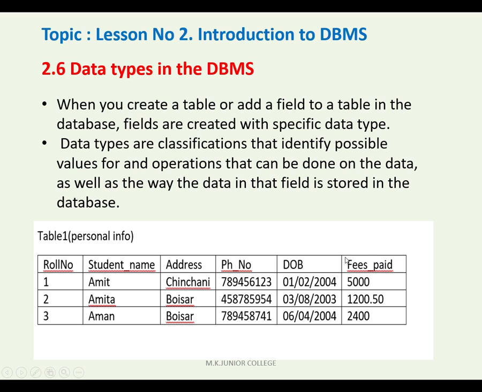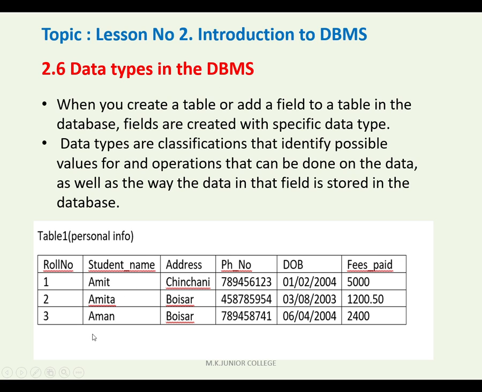So here I will consider this fees paid as a number only, but again in a numeric or number data type, there are two types, whether the data you are going to add is an integer or a decimal. So here I will consider a decimal as the data type. So in your DBMS there are some data types available in your DBMS and RDBMS.